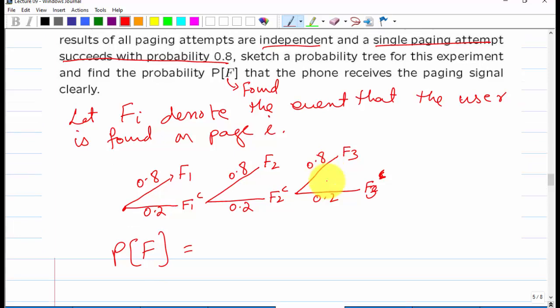So here we cannot go straightforward, because if it is found on the first attempt, maybe second or maybe third. So we have to go a trickier way.